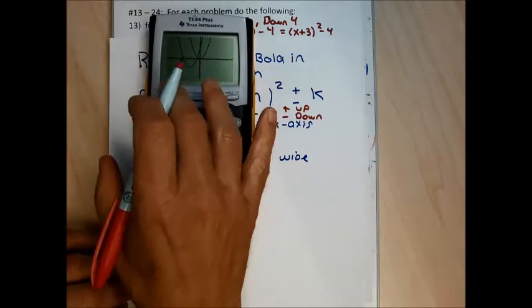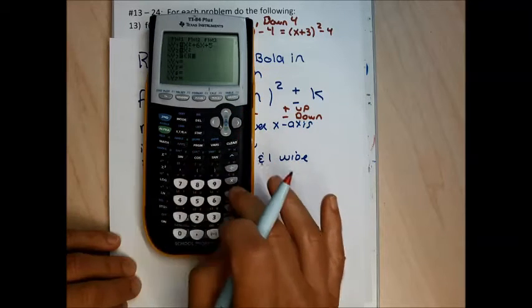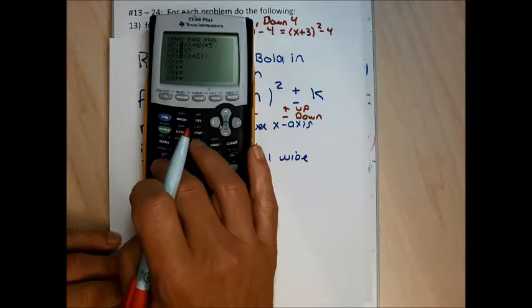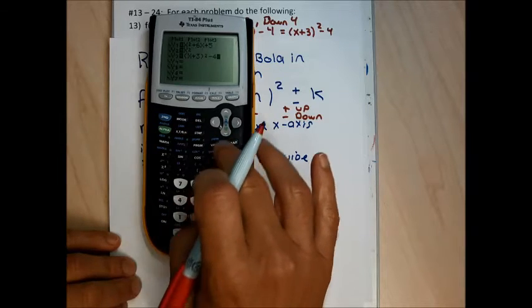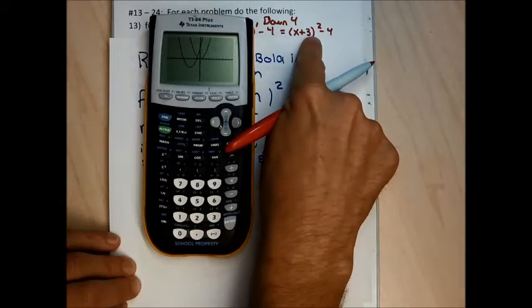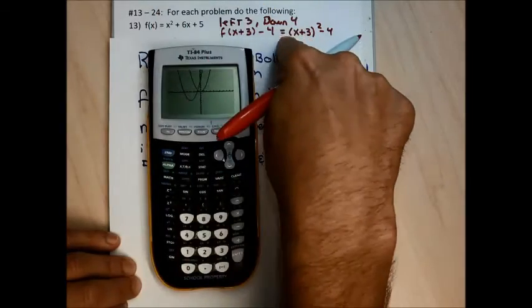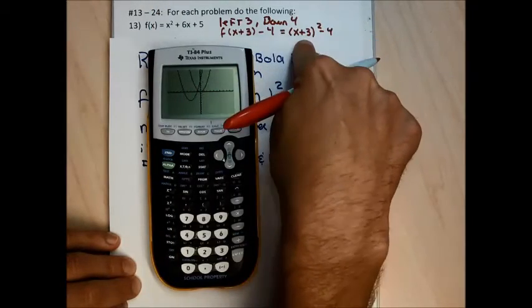And if I graph that function, f of x equals parentheses x plus 3 squared minus 4, I don't see a new graph because this function has the same graph as that function. It's the rewrite of this function in standard form.